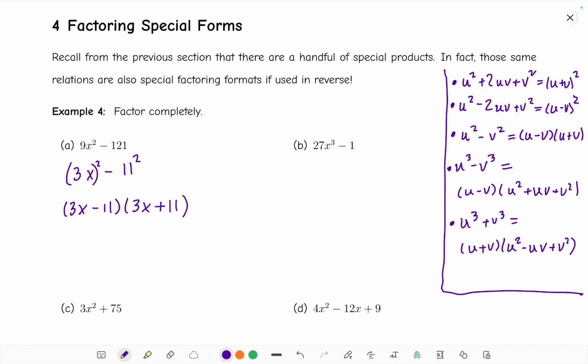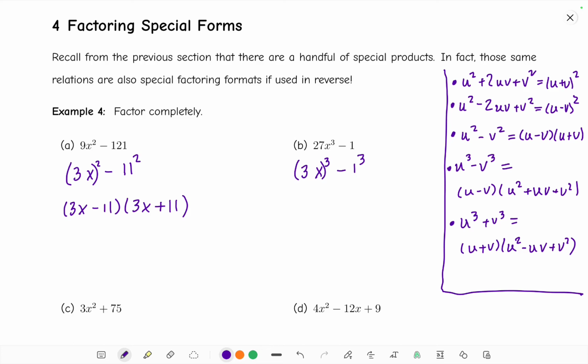Okay. B. 27x cubed minus 1. Well, 27 is 3 cubed. And 1 is 1 cubed. Well, again, using exponent properties, I can rewrite this as (3x) cubed minus 1 cubed. Well, this is a difference of cubes.